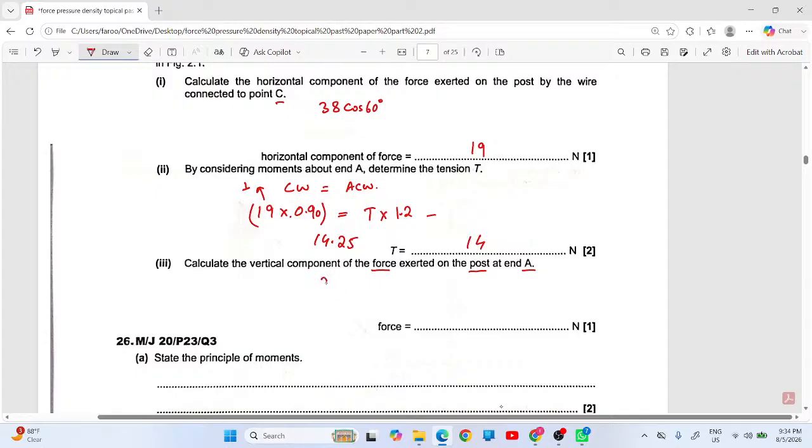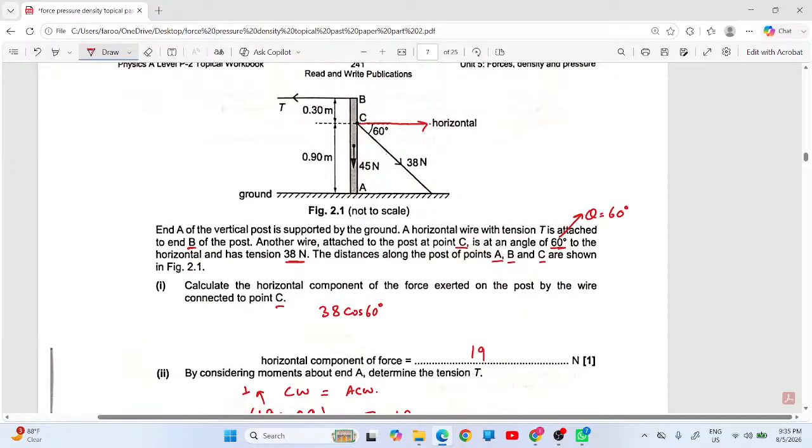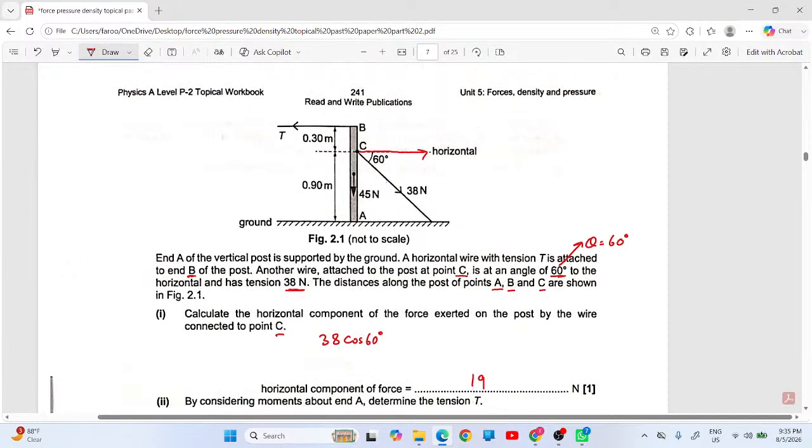38 sin 60. 32.9. Next is, wait a moment, no, there are two at A, so calculate the vertical component of the force exerted on the post.